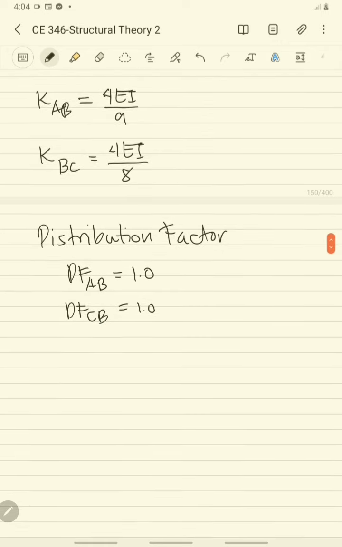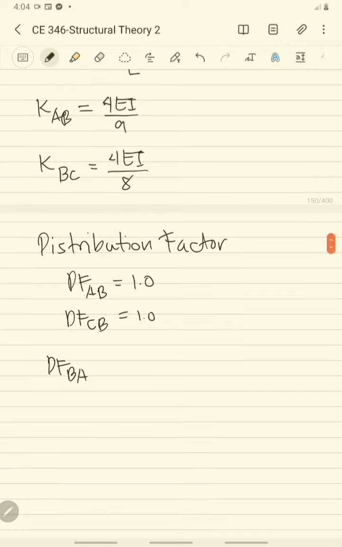For the distribution factor for segment B to A, we have the ratio of the beam stiffness of AB divided by the sum of the bending stiffness of all the members connected to joint B. So that is KAB plus KBC.